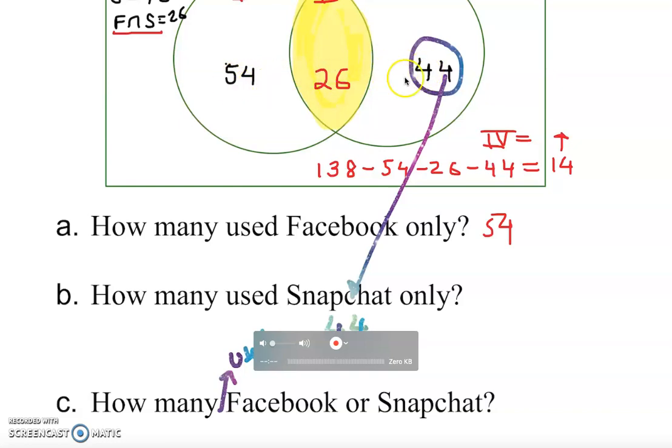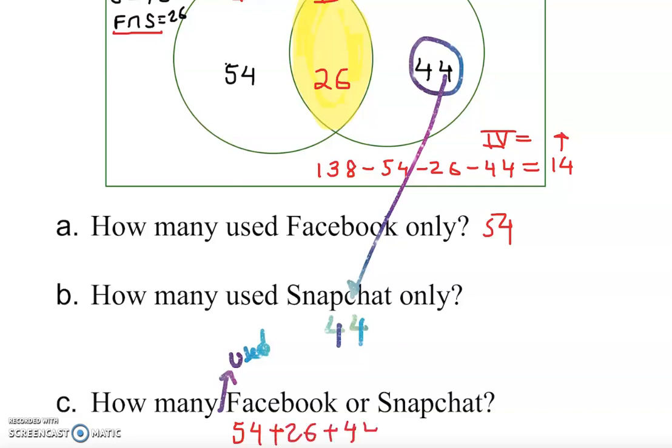So how many is all together? 54 plus 26 plus 44. That should give us 124 students. You can put down the unit, students.